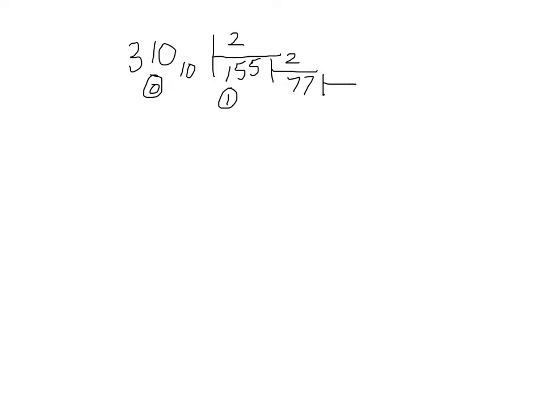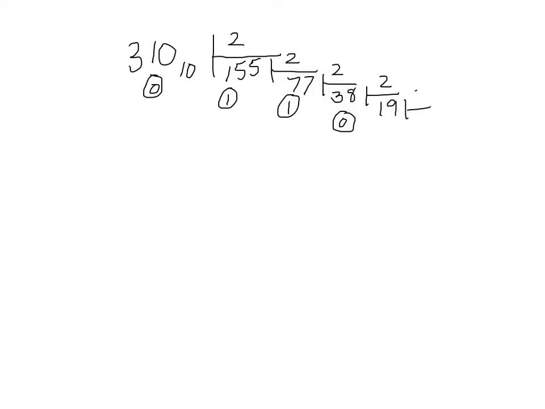Now we are going to divide 77 by 2. We get 38. So 38 times 2 is 76, so remainder is 1. Now 38 divided by 2 is going to give you 19, remainder is 0.